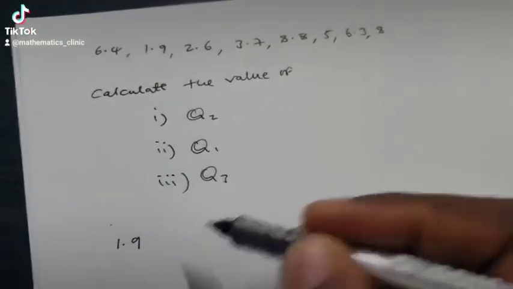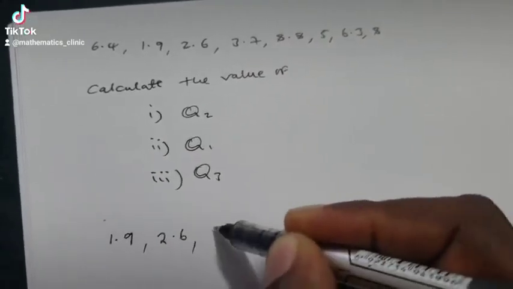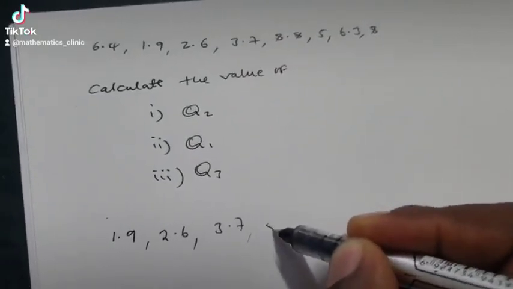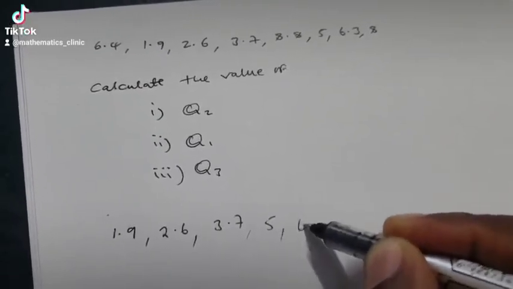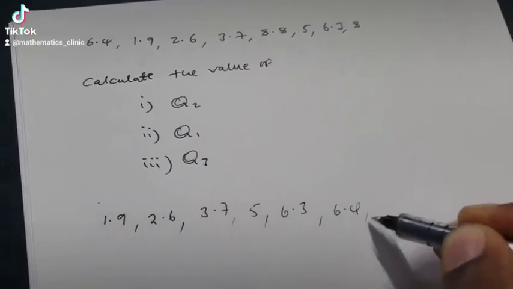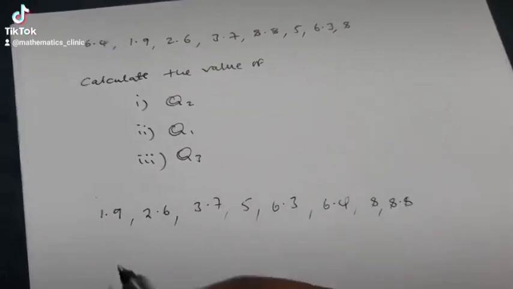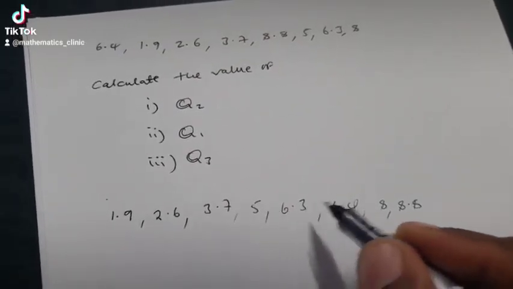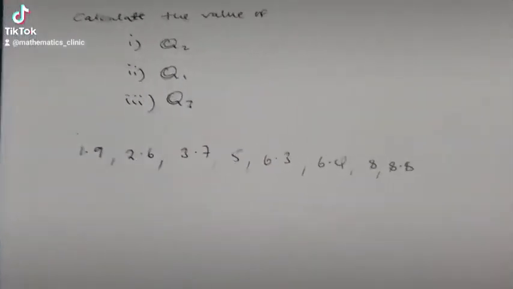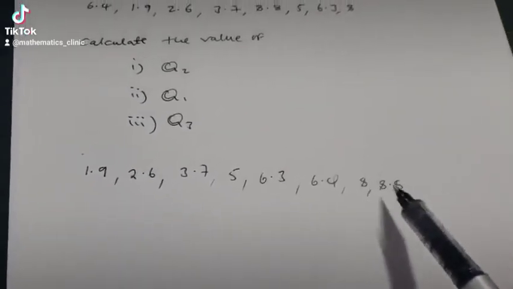So 1.9 is our smallest, followed by 2.6, then 3.7, then 5, then 6.3, then 6.4, then 8, then 8.8. We have 1, 2, 3, 4, 5, 6, 7, 8.